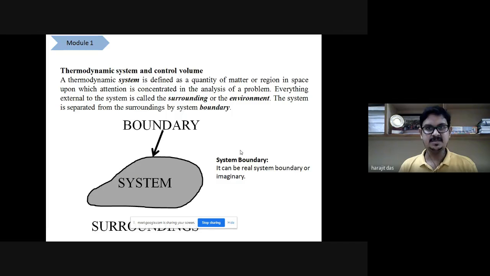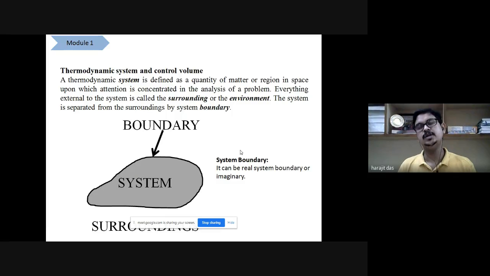The thermodynamic system is basically one small part of the universe. The universe is huge, very large. So it is one small part of the universe to which we apply the laws of thermodynamics, and that subset of the universe is called the system.